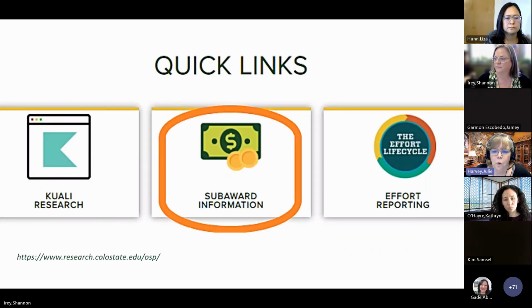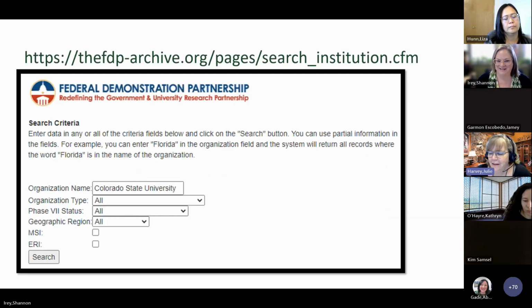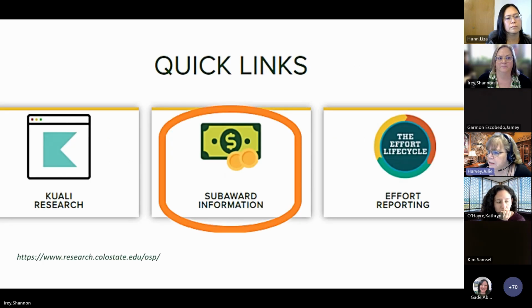And if you're looking for more information, it's on our OSP landing webpage. There's a subaward information quick link, and there's the link at the bottom. If you click on that link, it will show you what's needed at proposal stage, what's included when we do a risk assessment, a little bit about subaward administration and how stuff gets to our team to issue a subaward.